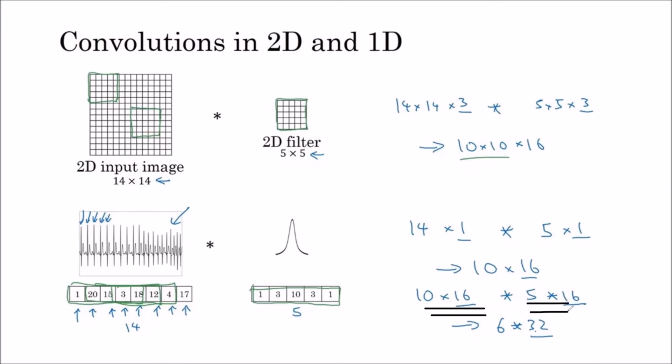Instead of a 5 by 5 2D filter, we now convolve with a 1D filter of 5. Because we have 16 channels in the input, we should also consider the filter with 16 channels. This time we are considering 32 such filters. So the output will be 10 minus 5 plus 1, which is 6, and 32 channels, because we are taking 32 filters. In the output, we have 32 channels.